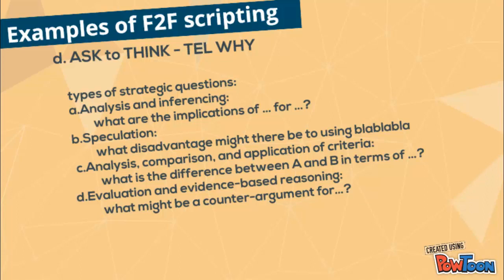Third, analysis, comparison, and application of criteria. What is the difference between A and B in terms of blah blah blah? D, evaluation and evidence-based reasoning. What might be a counter-argument for? So, these are 4 examples of face-to-face collaborative learning.